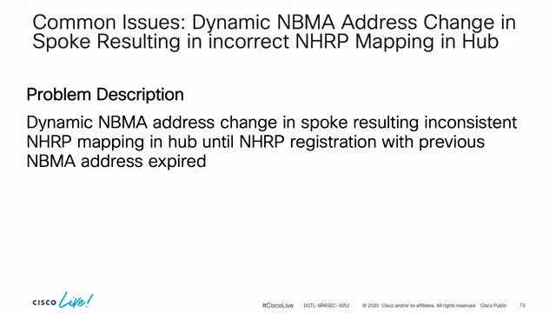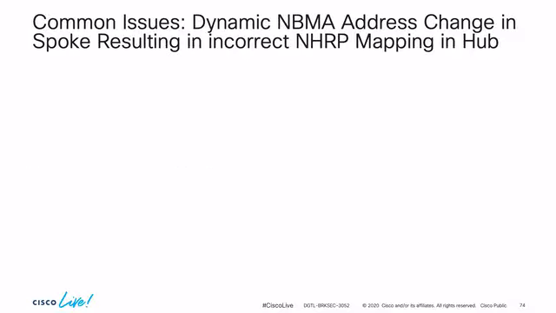So let's take a look at another common issue that we've seen. This is where you have spokes which are behind NAT devices, or their ISP is actually assigning DHCP addresses for its NBMA address, and it keeps changing it.